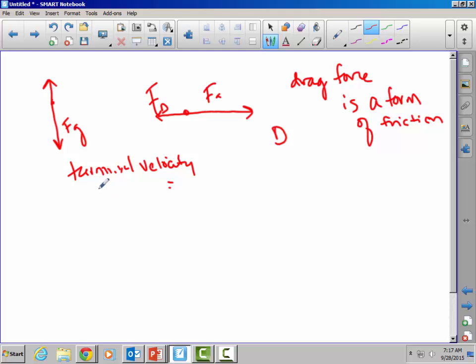So drag force is a formula. But it follows this generic template for a formula. B is a constant that depends on the shape of the object that's falling.